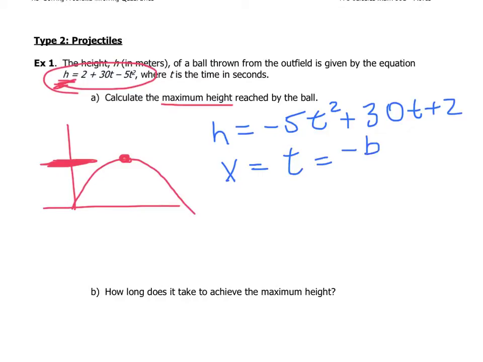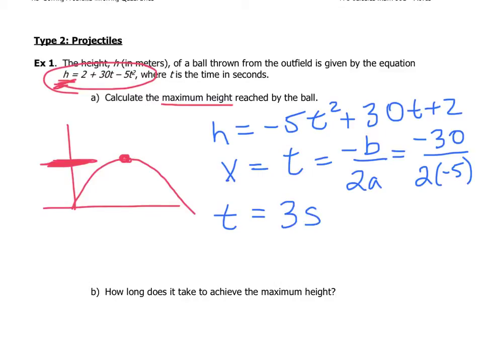And same process as we've done before. So we've got minus 30 over 2 times negative 5. And that gives us, at a time of 3 seconds, that's when it reaches the maximum height.